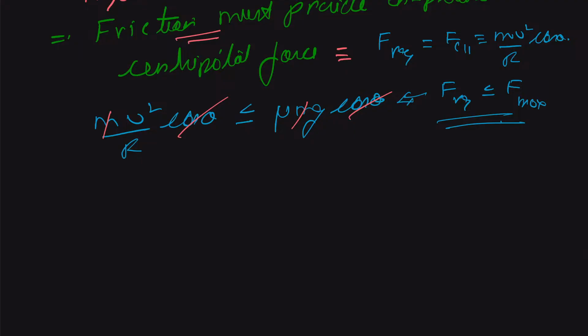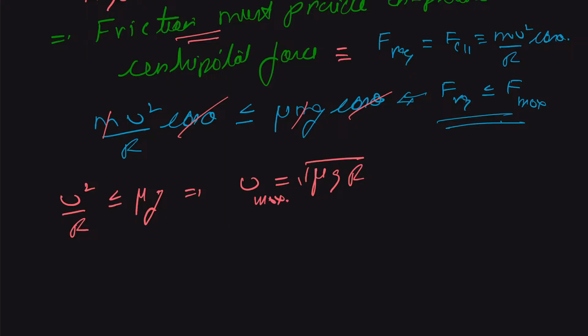Therefore we get v square over r is less than or equal to mu g, or we can say that our velocity v is equal to the square root of mu g r, and this velocity is our maximum velocity at the sideway points.